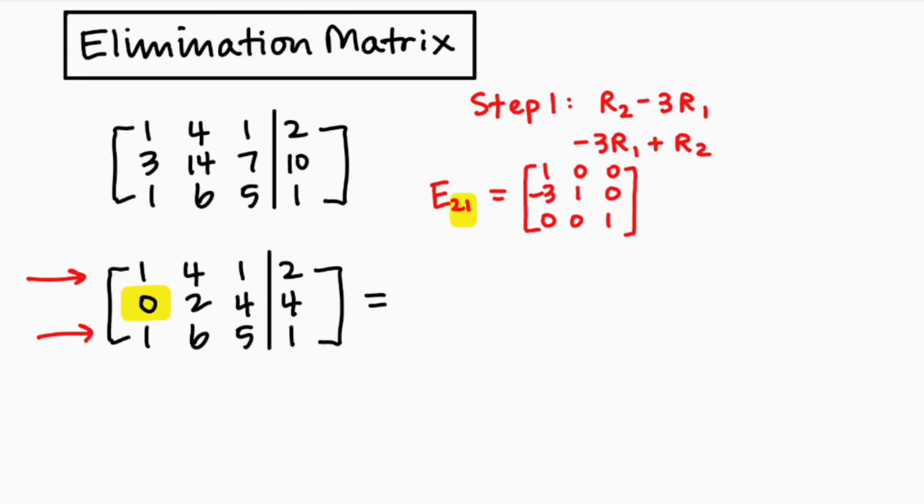Okay, and we're going to be systematic about this because of what we're going to do with this in the next video when we go to decompose a matrix into the product of 2 triangular matrices, like factoring. So really what I just did was I took 1, -3, 0, 0, 1, 0, 0, 0, 1, and I multiplied it by my original matrix.